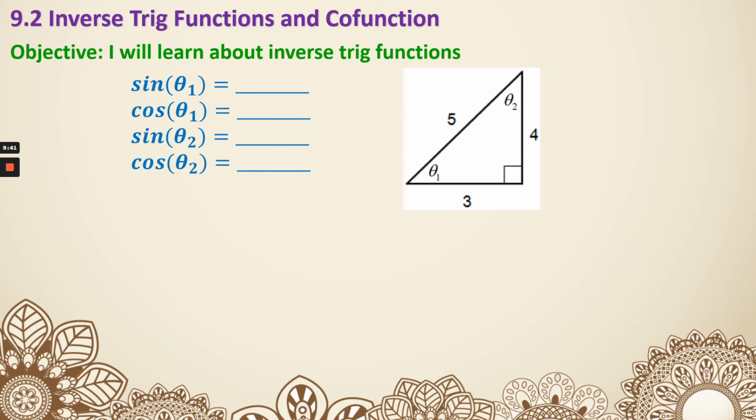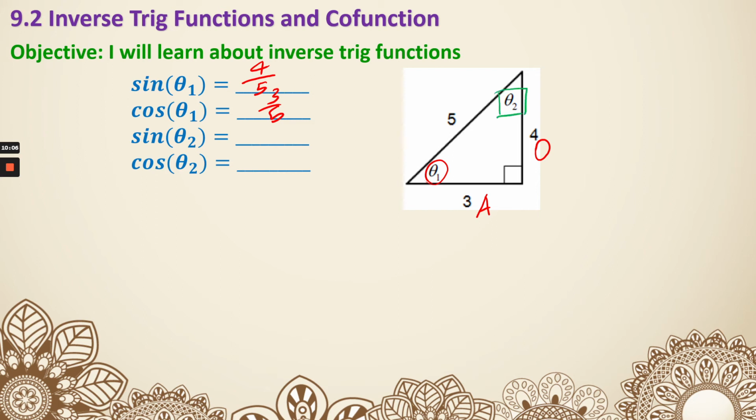Before we actually do cofunctions, let's recap on that triangle again. So sine theta 1, in this case, is going to be 4/5, because for theta 1, this is the opposite, that's the hypotenuse, 4/5. And cosine theta 1 is going to be 3/5. But I'll actually change things up a little bit.